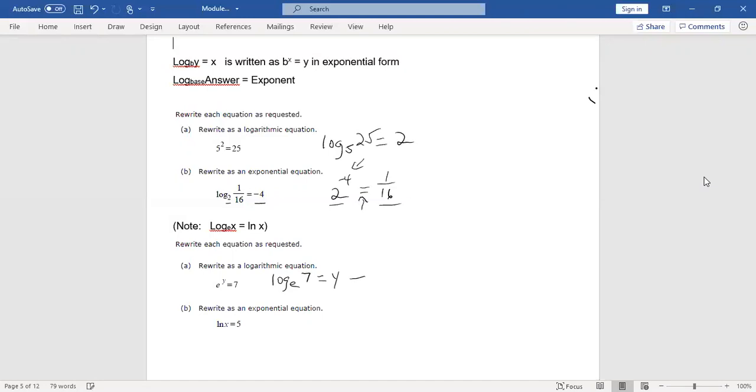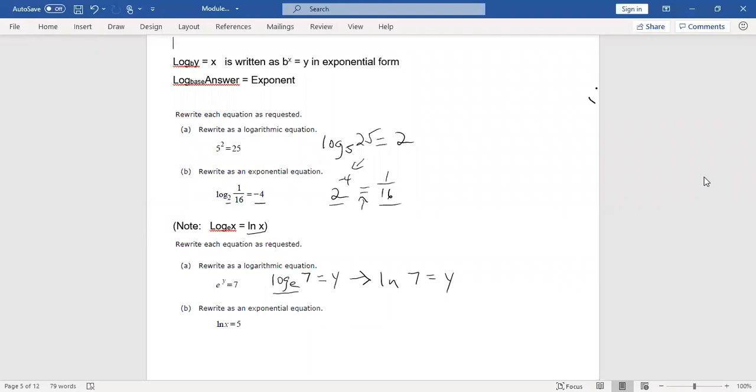Now keep in mind, log base e is the same thing as the natural log. So our answer could be written as the natural log of 7 equals y.